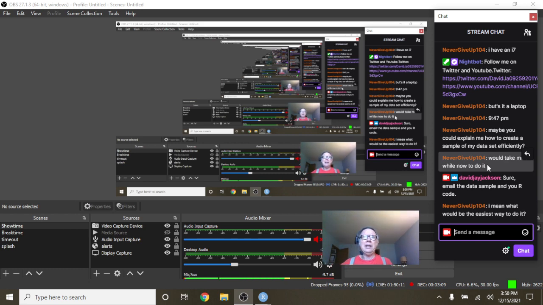And one thing they talk about is how to create a test set. You normally divide your data into two parts, your test set and your training set. So you use the one set to train your model, for instance, and then when you think you've got the model right, you test it on the test data set.